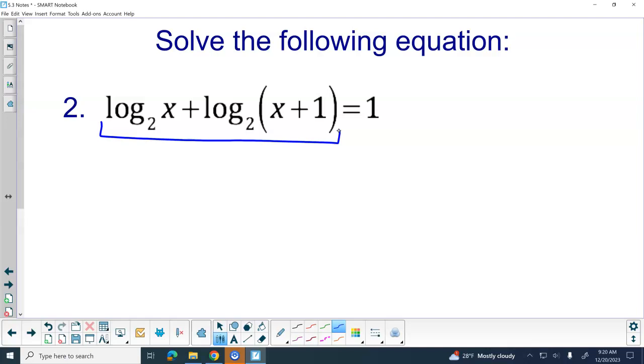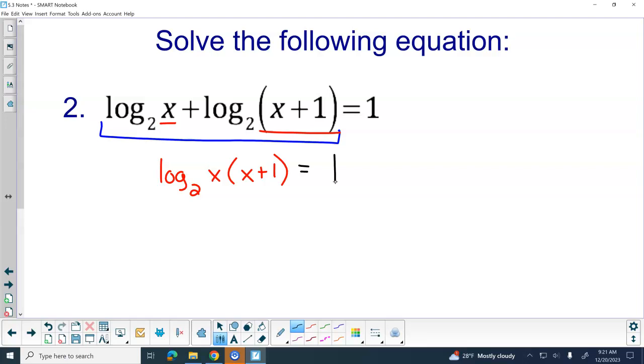So we want to get the logs on the same side, which then allows us to go back to that first property. If I do this, this becomes log base 2 of x times x plus 1, and that equals 1.